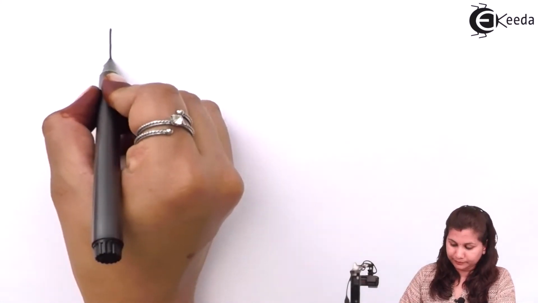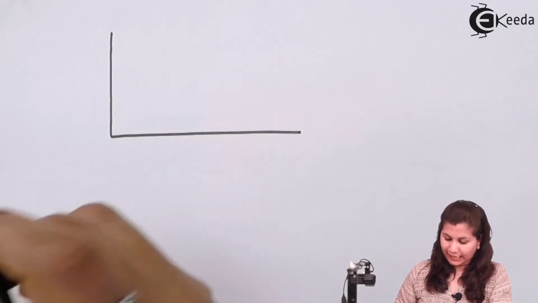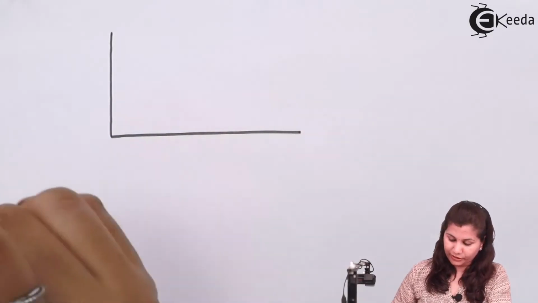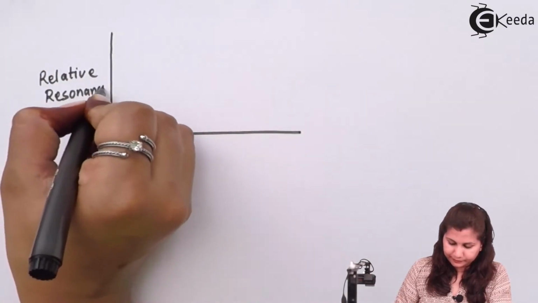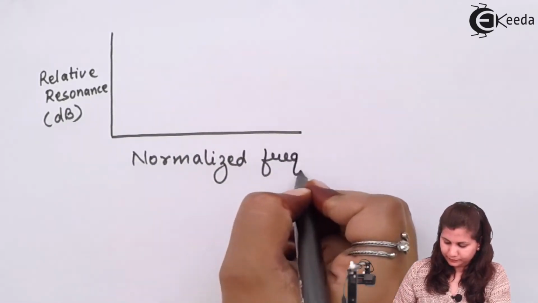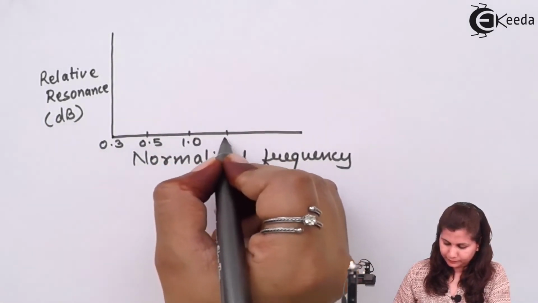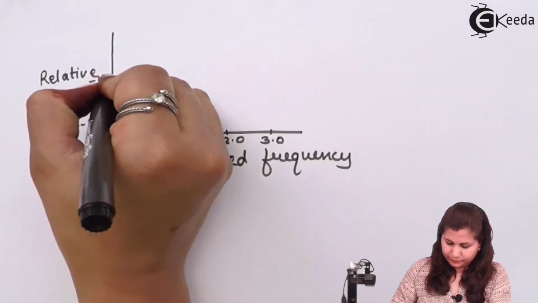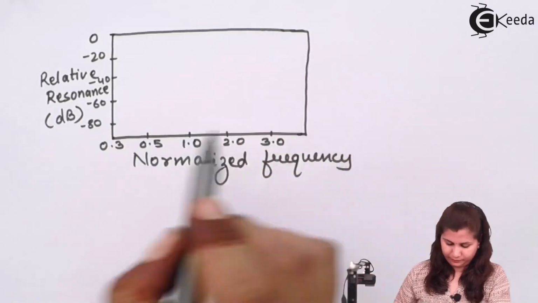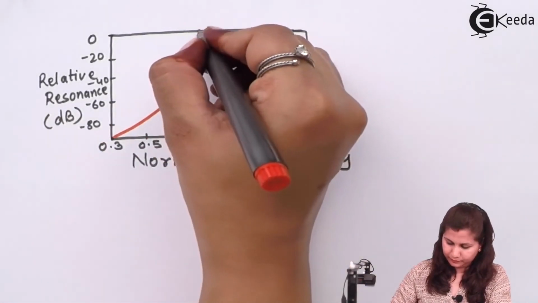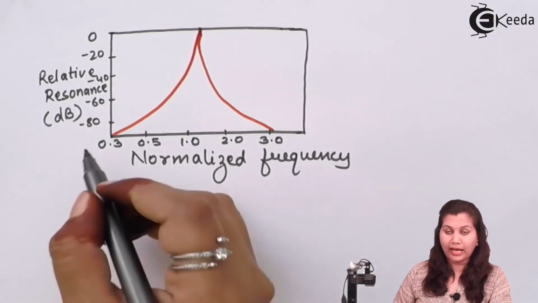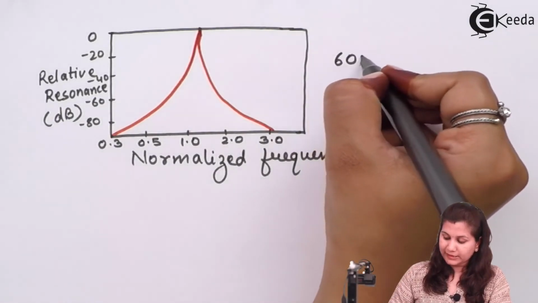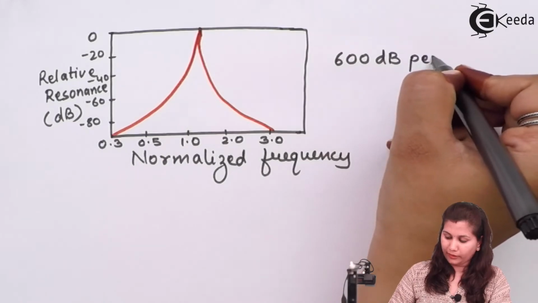Now if we see the characteristics of the instrument, the attenuation characteristics, the initial attenuation rate is approximately 600 dB per octave.